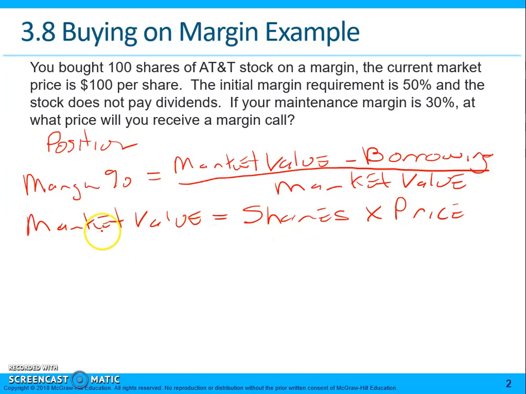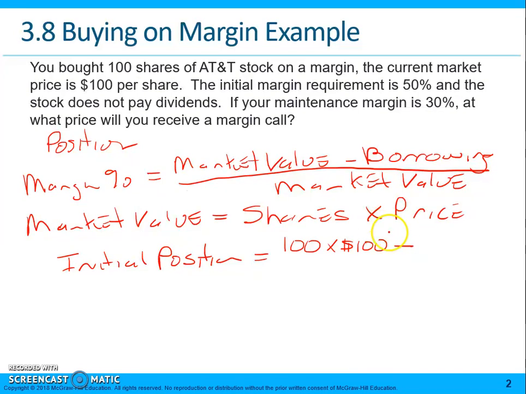So your initial position is the market value, which is 100 shares times $100, minus what you borrowed, which is half of that.